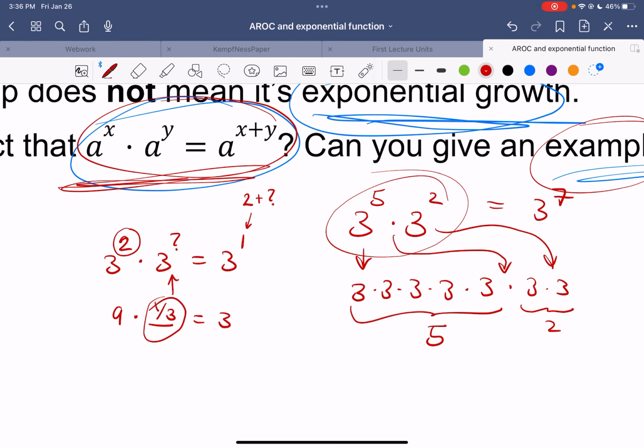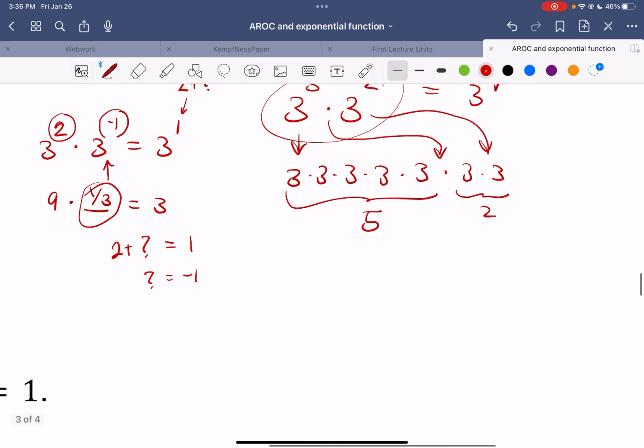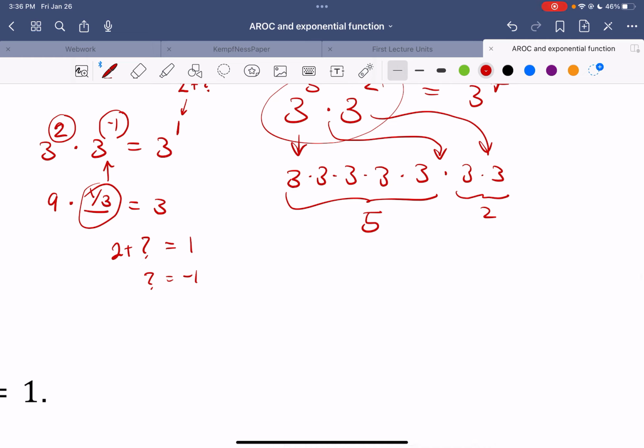When I take this exponent plus this exponent. So in other words, 2 plus question mark had better equal 1. And you can figure out, wait a second, question mark is -1. And so, okay, sure, I guess this has to be -1. All right, fine. Maybe that's not very enlightening. Another thing you could think about is, well, look, what if you had a bunch of 3s?